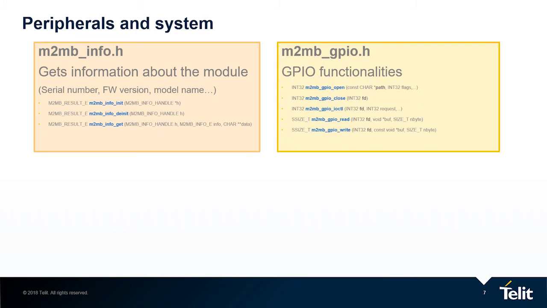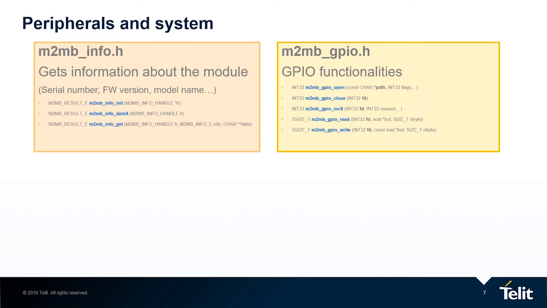Also, we have GPIO functionalities. So we can manage all the available GPIOs on the module. So we can open a GPIO, and as you can see, everything is handled as a file handle.